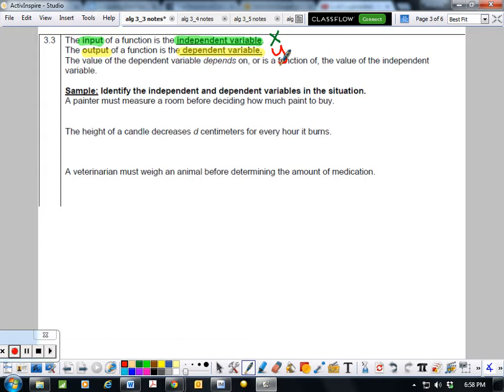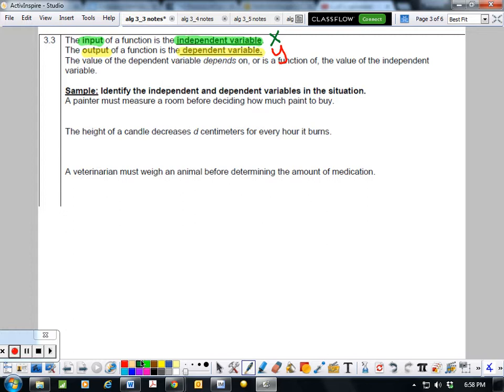And the reason why y is the dependent variable is because we always calculate y based on what x is. X tells me what y is going to be. So kind of like when you're working, how much you get paid depends on the number of hours you work. So the hours you work is your independent variable. The amount you get paid is your dependent variable because the pay depends on the number of hours worked. And so that's kind of how we're looking at this.